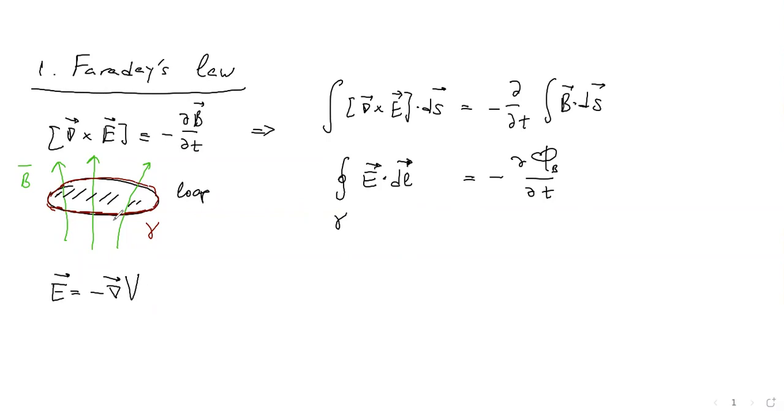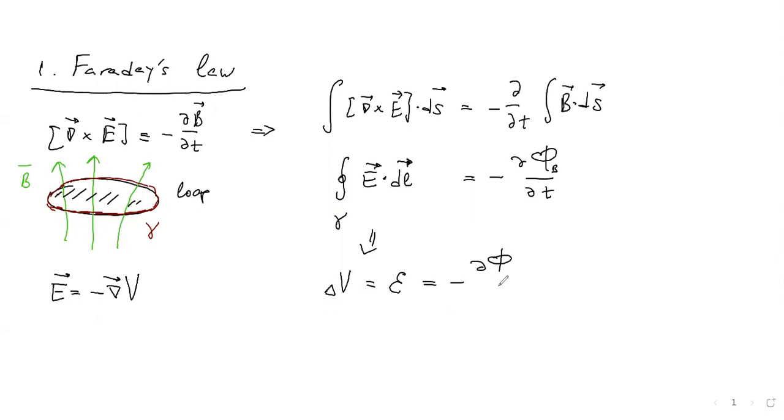It's like if you write a loop rule, you always have a drop of potential across each element. Drop of potential across the battery, drop of potential across a resistance or a capacitor. This would be another contribution to this drop of potential. You can interpret this as a drop of potential or just induced EMF due to the changing in time flux of magnetic field.